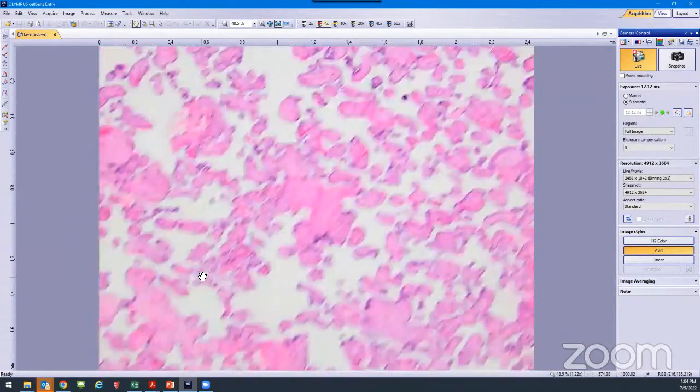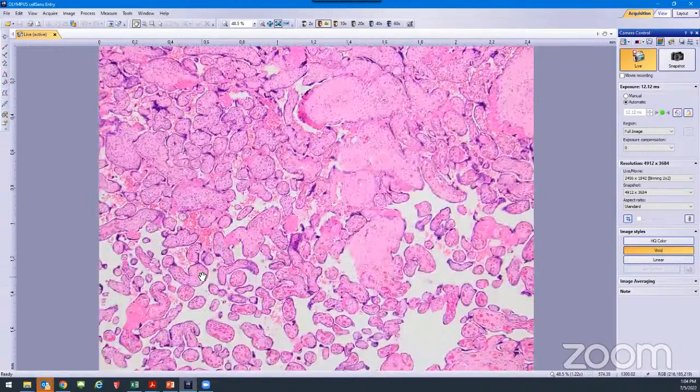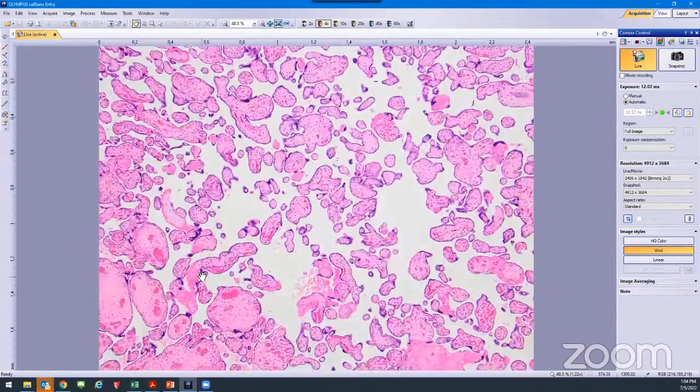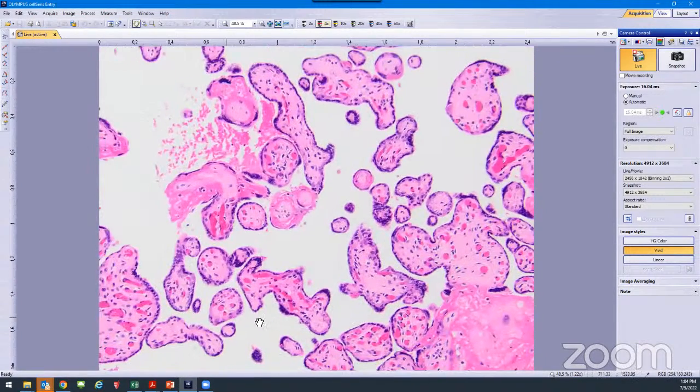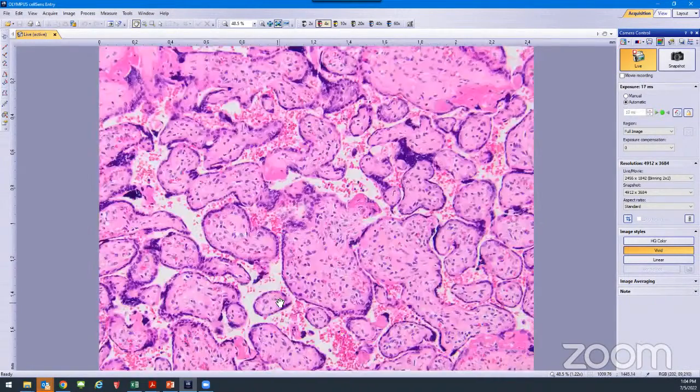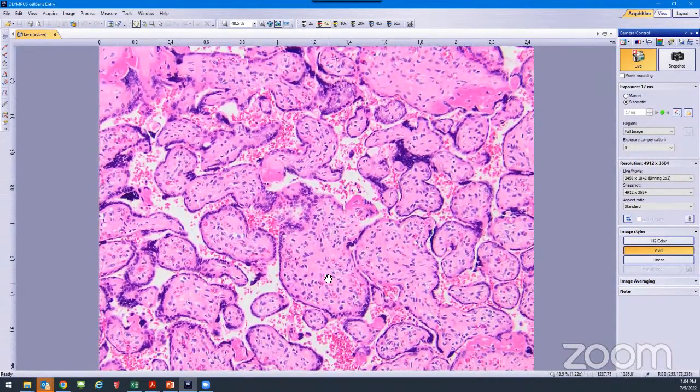And then if we go down and look at the actual placental parenchyma, you see that the majority of it is still fairly well vascularized, right? You're starting to get a little bit of early breakdown of the vessels.